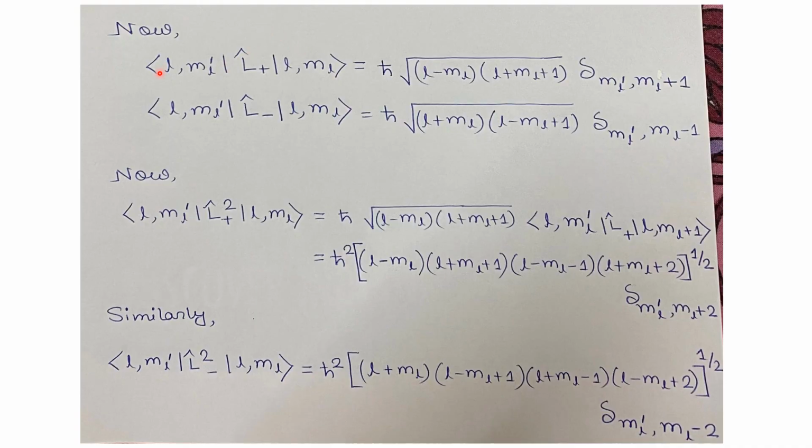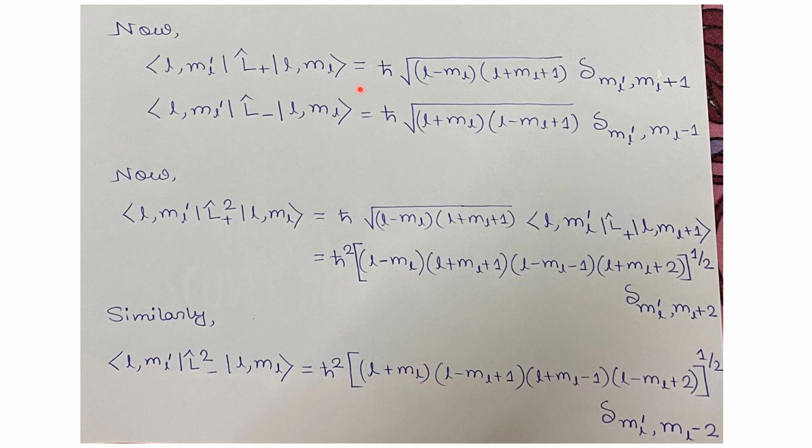Now let us see what is the value of this element, that is the L plus cap operator sandwiched between states <l, ml dash| and |l, ml>. So the L plus cap operator will act on this state |l, ml> and it will give this value ħ times root over (l minus ml) times (l plus ml plus 1), and it will give an inner product between <l, ml dash| and |l, ml plus 1>.